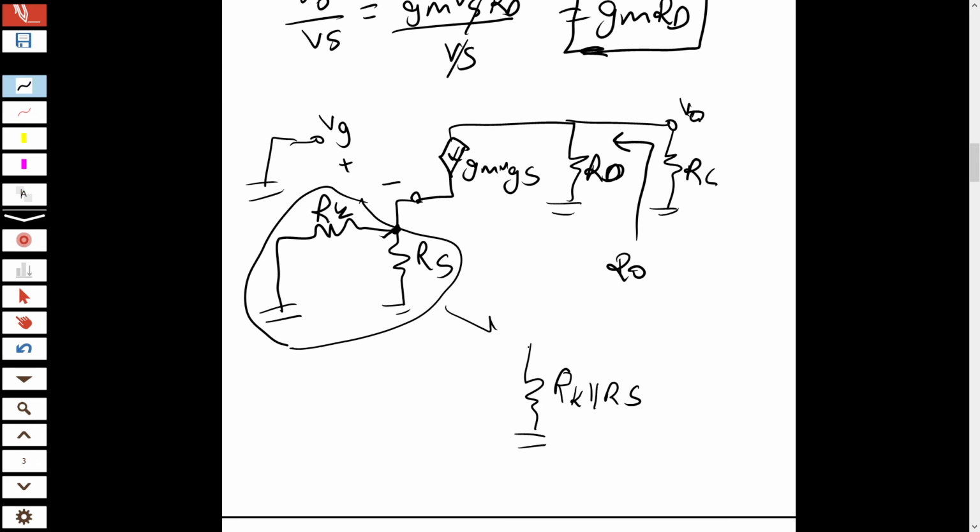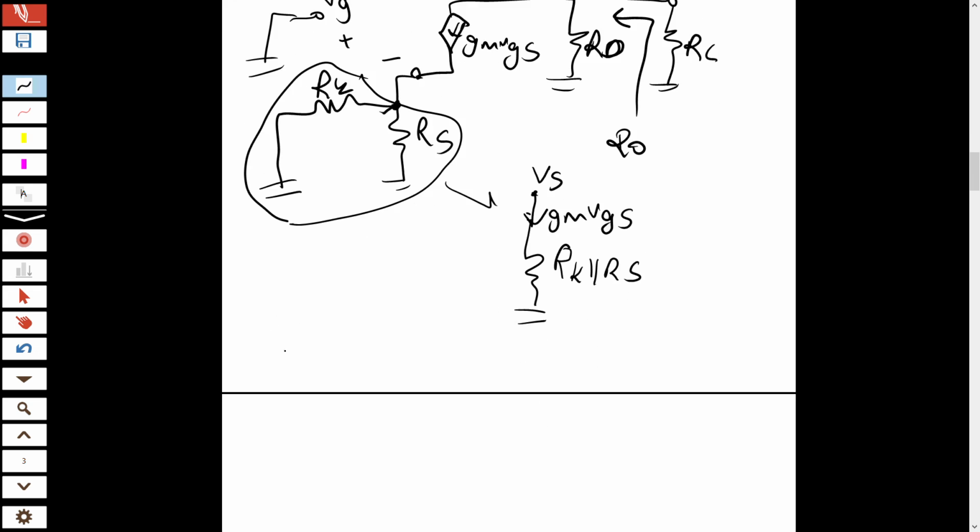Here comes the gm VGS current, and this is V source. V source equals gm VGS times RK parallel RS.